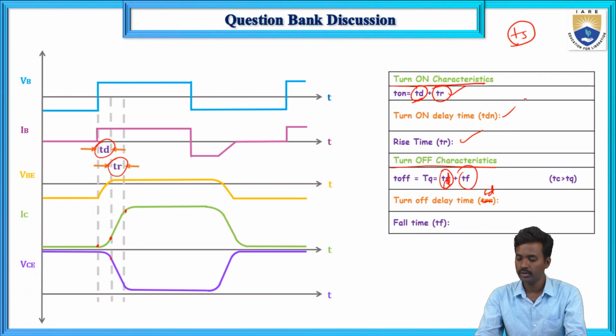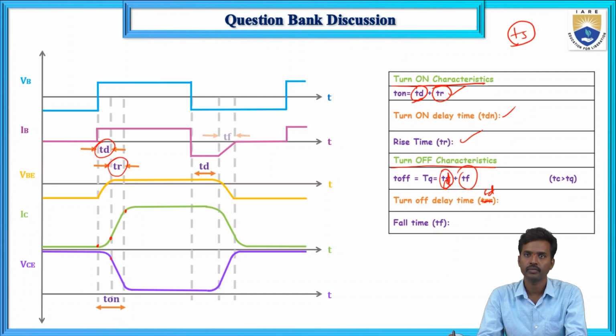And next, the delay time, in the same fashion. If you see this one, delay time means VBE reaches from its maximum value to 90%, the collector current IC goes from 100% to 90%, and VCE goes from turn on to 10%.